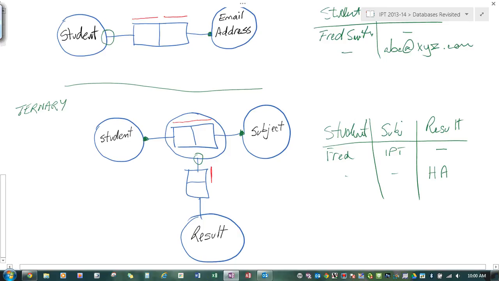So if we record HA in the thing, we must have things like Mary and geography in our thing, so we would put a dot there. So again, this part here is saying you don't necessarily need to get a result. If we made that mandatory, that would mean in things like careers, you would need to get a result recorded, and that's not necessarily what we're after.